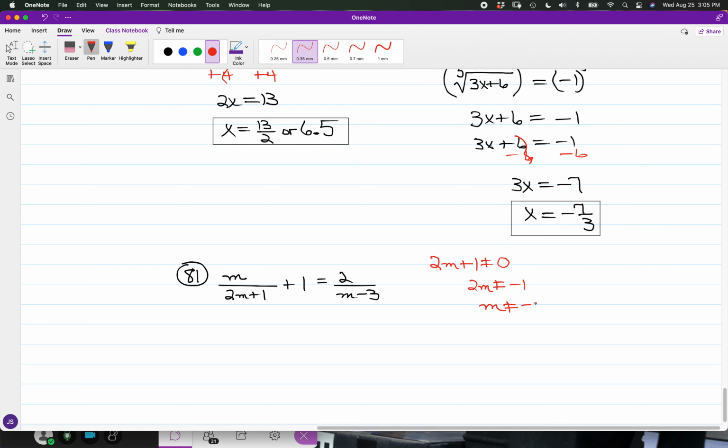And so this signals that m cannot be negative 1/2. And with the other denominator, m minus 3 cannot be 0, so not only can m not be negative 1/2, it also cannot be equal to 3.